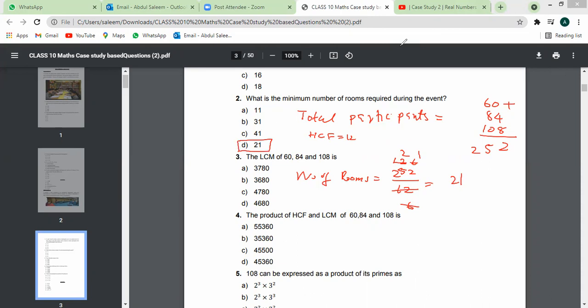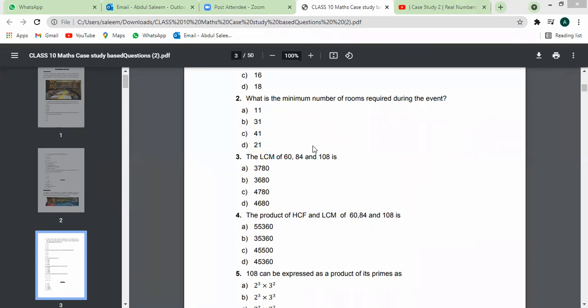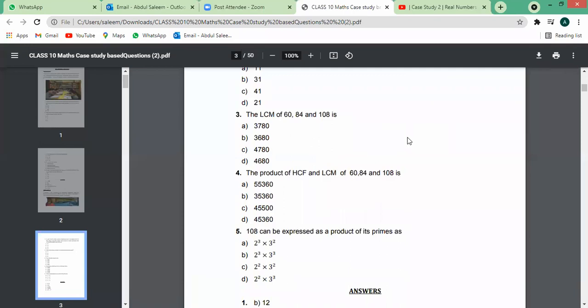And the third question, LCM of 60, 84, and 108. To find the LCM of 60, 84, and 108, we can divide these numbers by 2, it becomes 30, 42, 54.